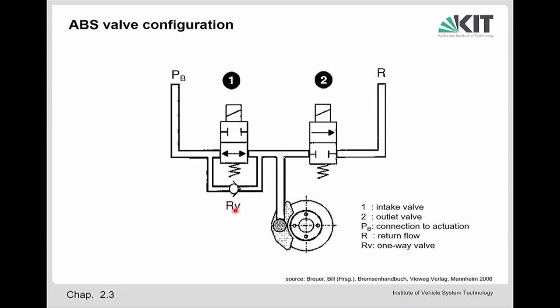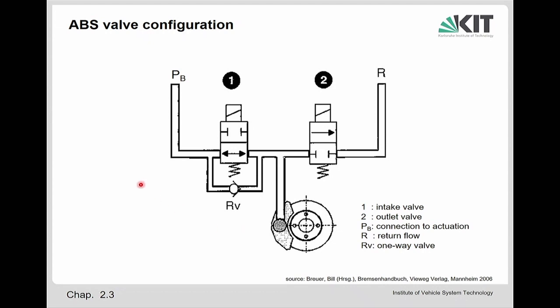This reverse valve also allows a flow of fluid in this direction. In the case that this is closed, it allows a flow of fluid in this direction. Can you imagine what is the reason to implement this reverse valve here? Well, why could it be necessary? Yes.